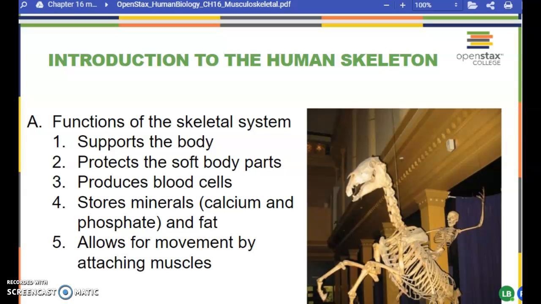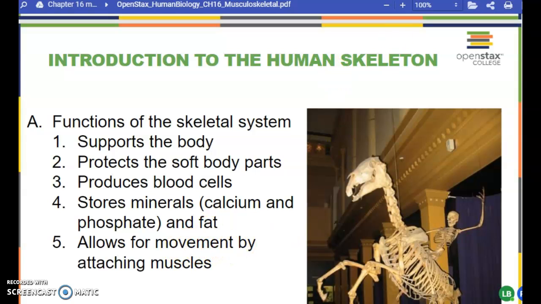Inside of your bones, you have bone marrow, and that's where blood cells are produced, including red blood cells and your immune cells, the many different kinds of immune cells. We also store some minerals like calcium and phosphate, and some fat is stored in there.